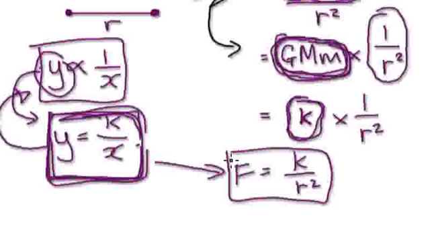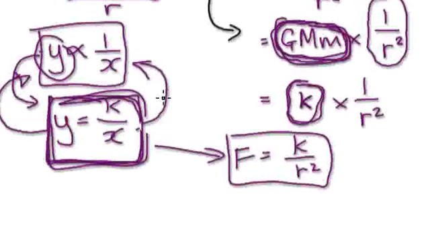Now from here we can work in reverse, just like up here. We can say, by the way, F is inversely proportional to, instead of R, we've got R squared.